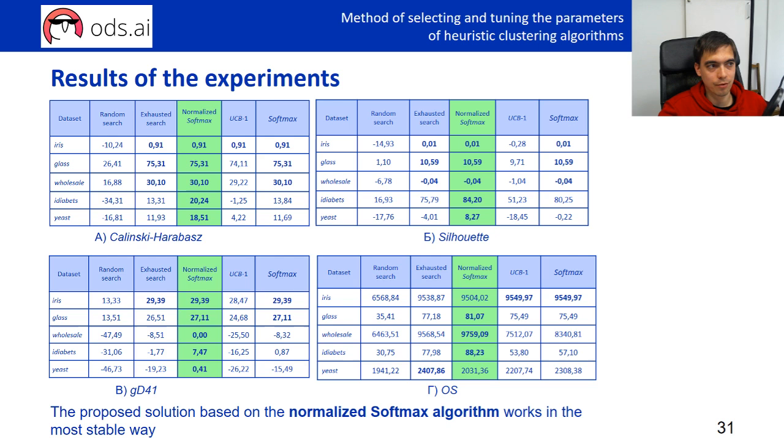We have provided the comparison with the regular softmax algorithm and the upper confidence bound approach, and we also provided the comparison with a random search and exhaustive search, where we tune all the algorithms and their hyperparameters in parallel.